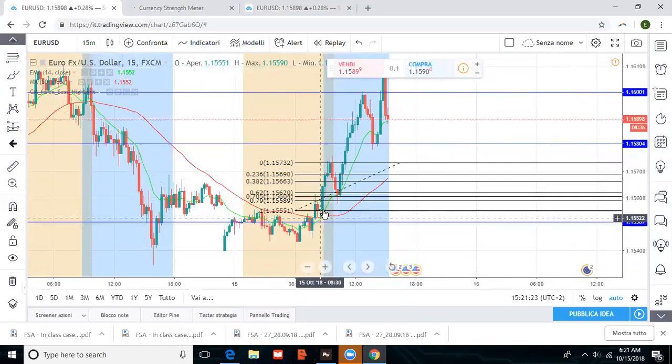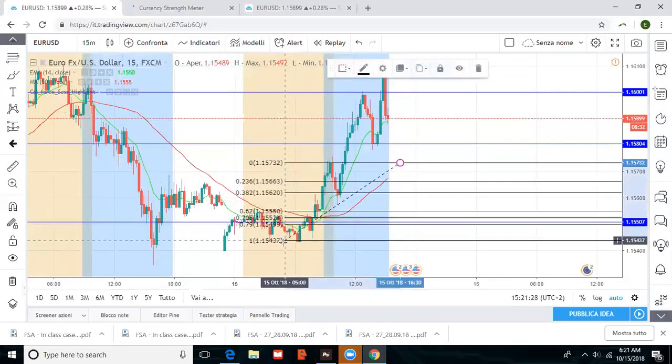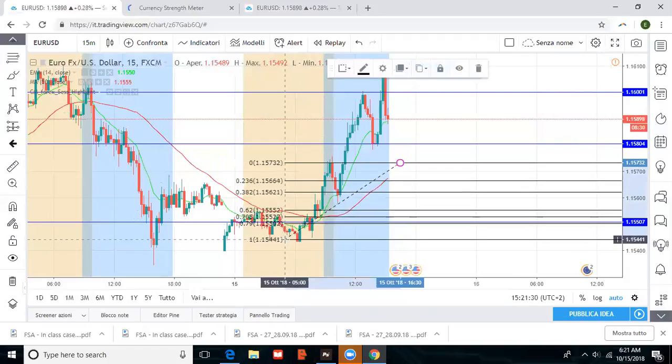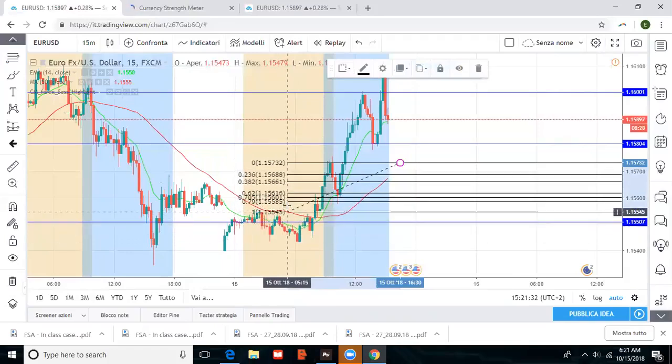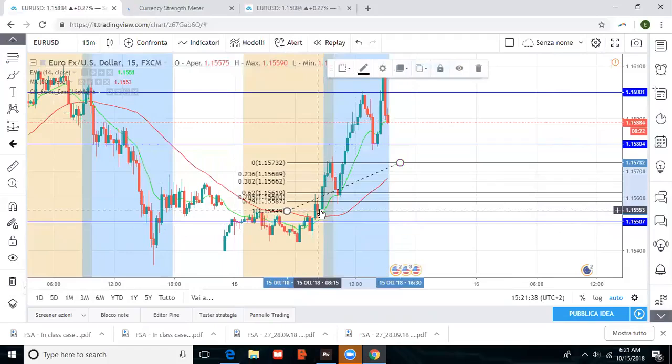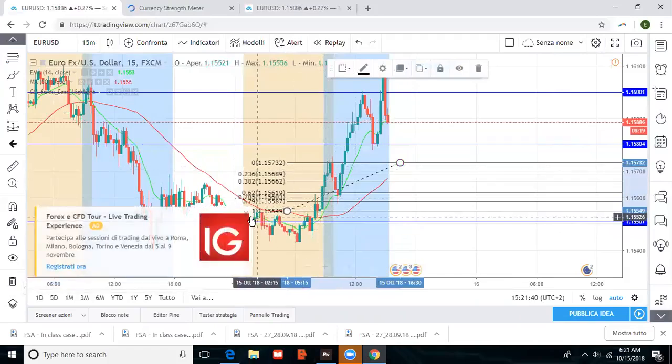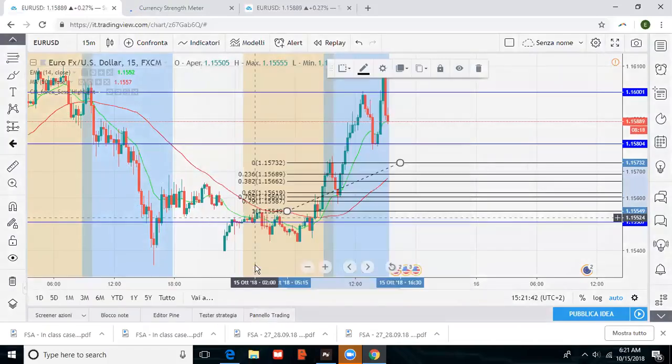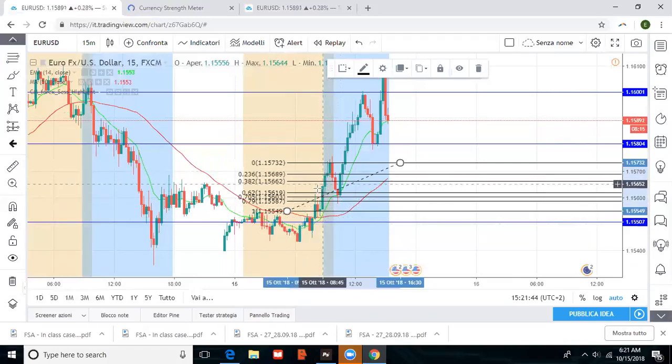And the reason why I draw my Fibonacci levels from here and not the actual lowest point, this is the lowest point, but I decided to draw them from here, is because this is a leg, and it is the leg that broke previous market structure.